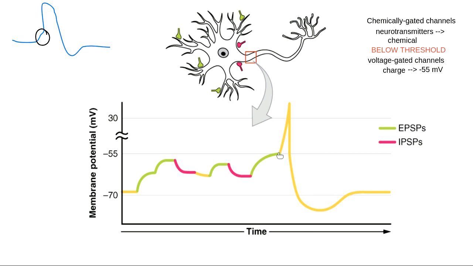Once I hit threshold, now I open up voltage-gated channels. And those voltage-gated channels will help me to completely depolarize my membrane. Voltage-gated channels also help me to repolarize my membrane to get it back to normal. Because the problem I have at the very top of this graph is that now my membrane charge is all the way up at positive 30.